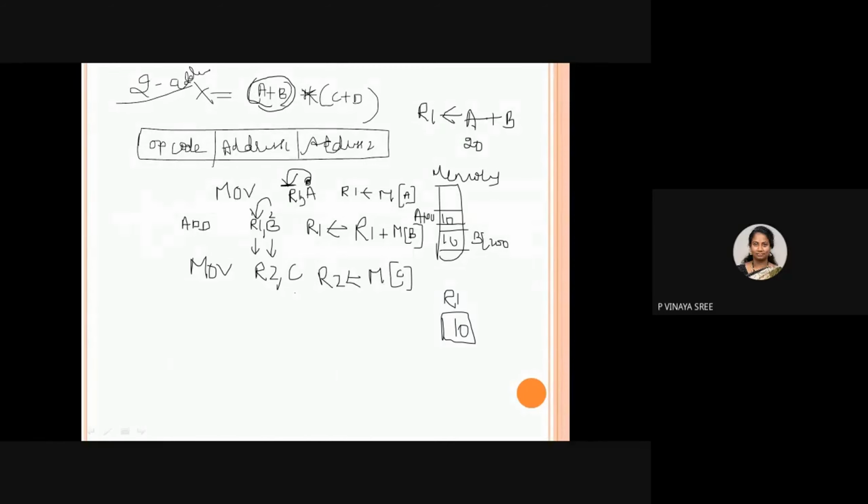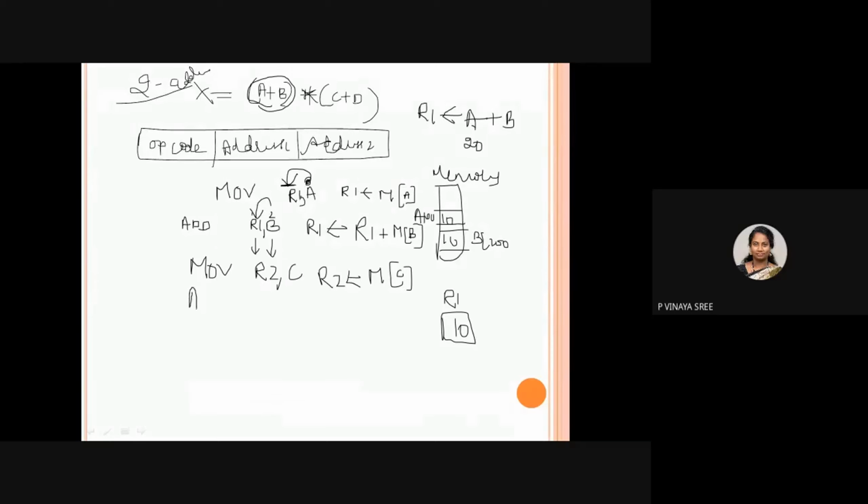Because we cannot take R1; in R1 we have the result A plus B. So we take another general purpose register, R2, and place the operand which is present in memory into a general purpose register. The need for this is that execution will become faster. So we moved the operand C from memory into one of the general purpose registers, R2.